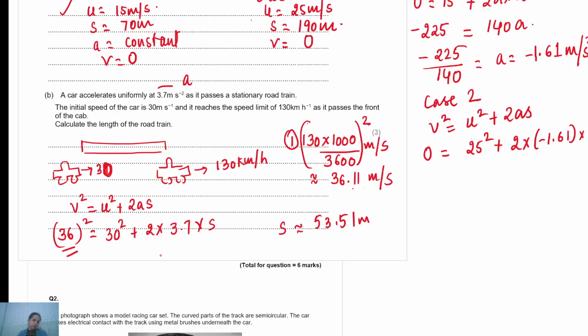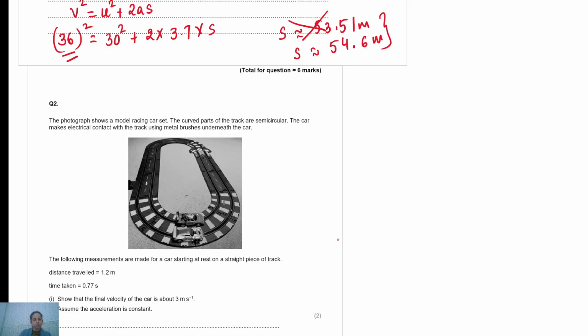So if I'm using this whole square, then my answer is coming as 54.6 meters. So do you see the difference of errors? So advice, do not do calculations in between for the last step. Leave your calculations till the last step. So here, instead of just approximating this and then squaring it, would increase the error in your answer. Okay, let's just do the next one.